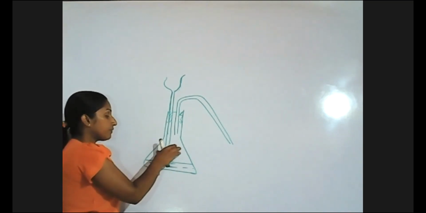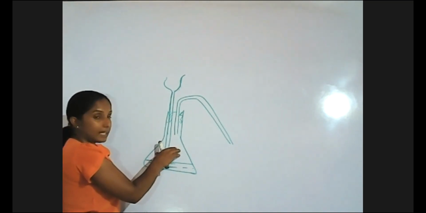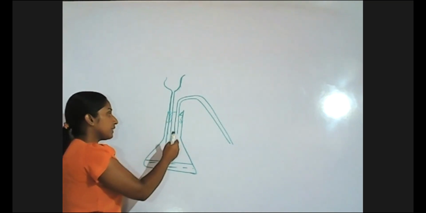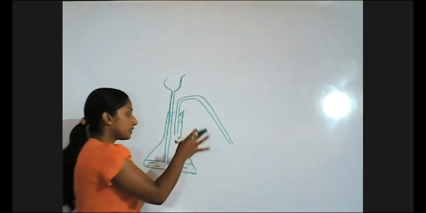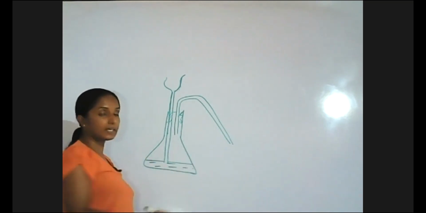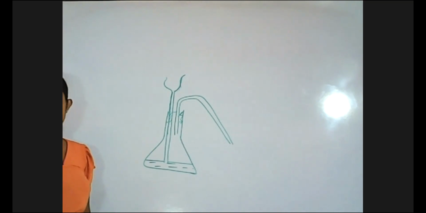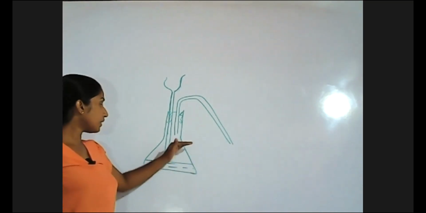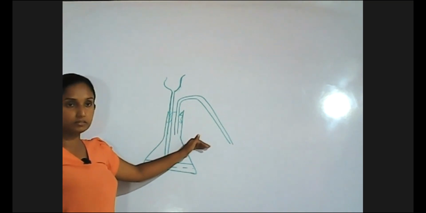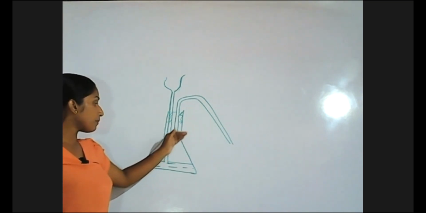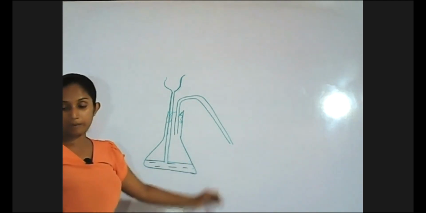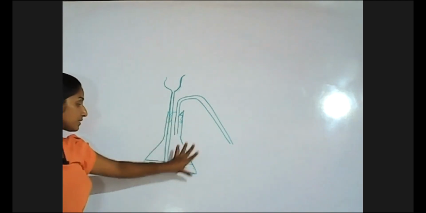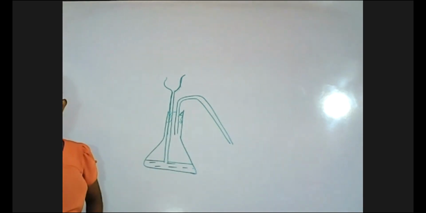When it fills the carbon dioxide in that area, then it's sent through the delivery tube. So in a short period of time, we can collect a carbon dioxide gas sample. You can write one of those: no need of more reactants, or can collect a carbon dioxide gas sample in a short period of time, because the volume is less in the conical flask.